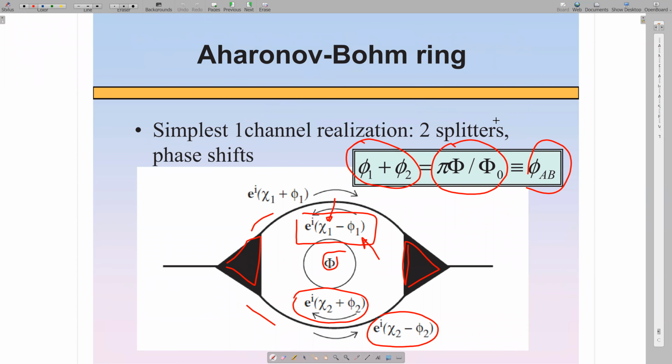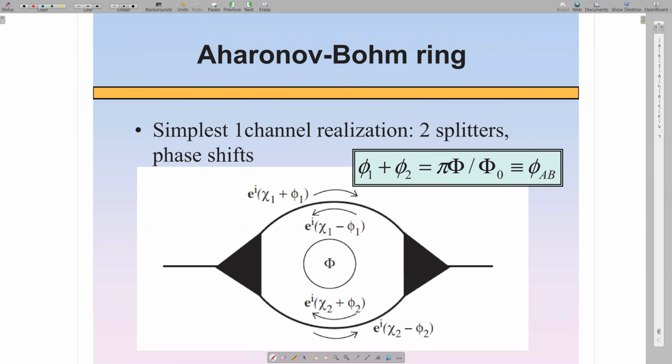Right, let me talk about the Aharonov-Bohm ring. I don't want to go into much detail here because I'm a bit behind schedule. Let's make a circuit, and we use the beam splitters we discussed right before the break.